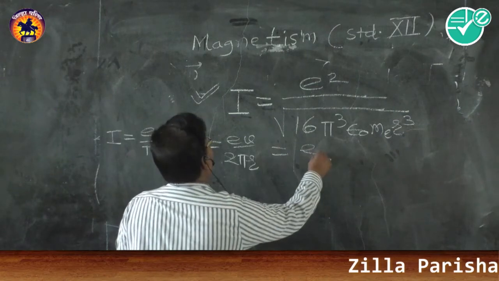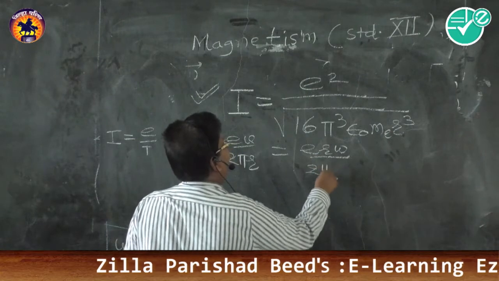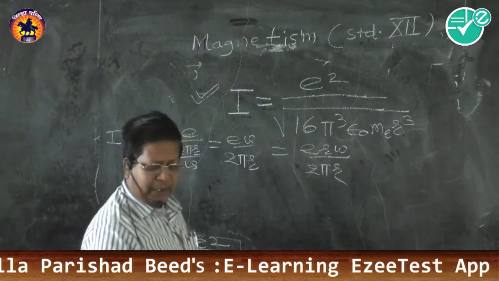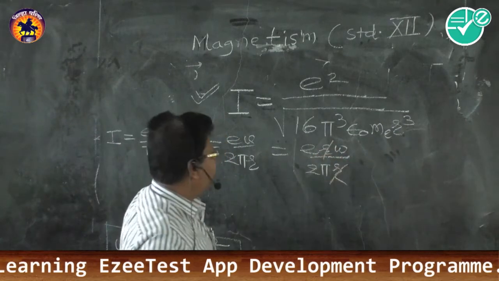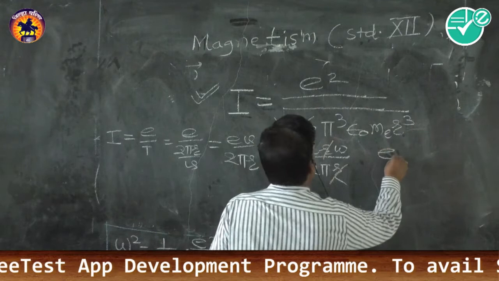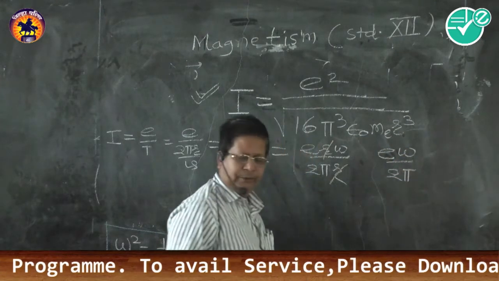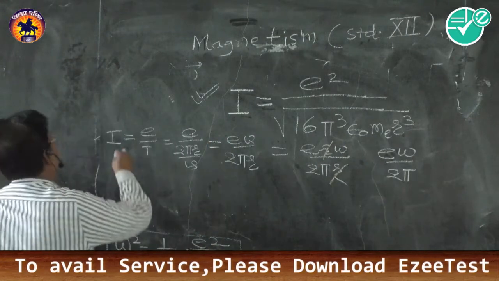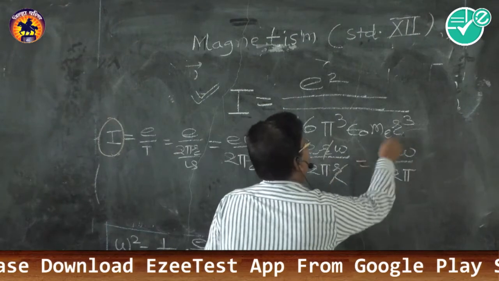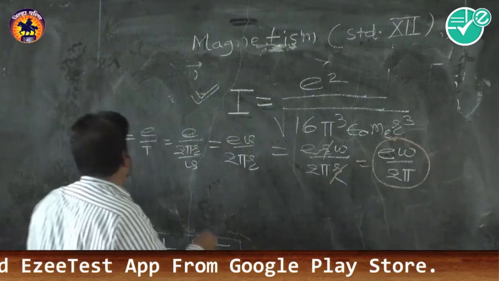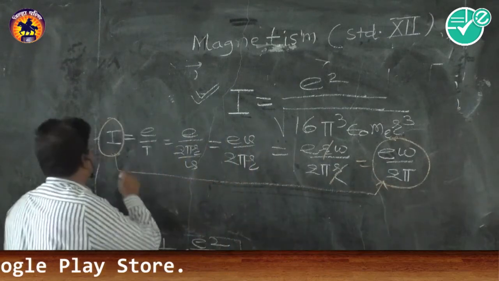Therefore, we write e V is equal to R into omega divided by 2 pi R, and in this case we cancel this R with this R, and our formula for current is e into omega divided by 2 pi. So current is given by the formula I equal to e omega divided by 2 pi. So this is the value of current.